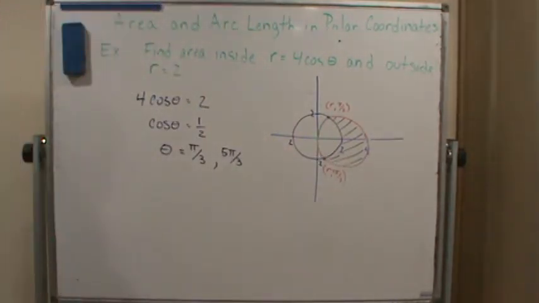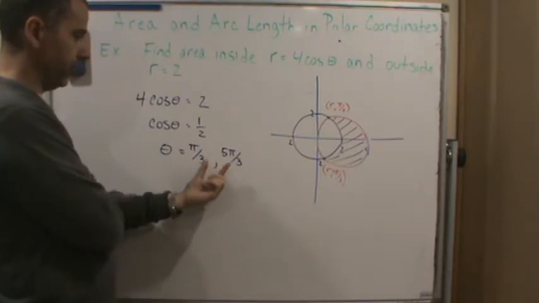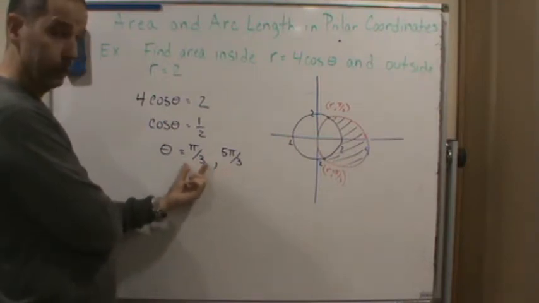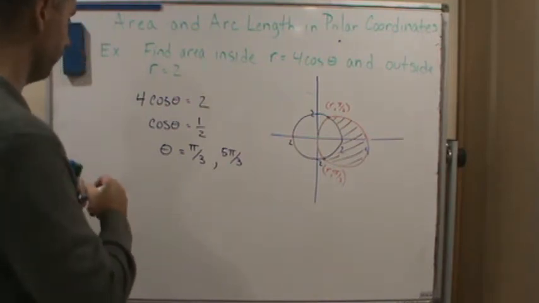There are a few ways we could do this. We can go from 5 pi over 3 to pi over 3, and those are our limits of integration.